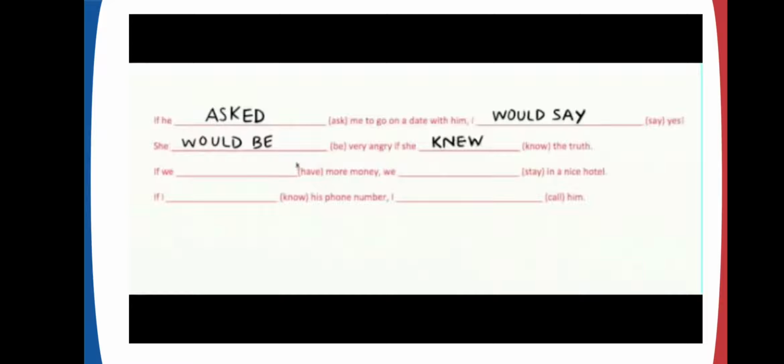She would be very angry if she knew the truth. If we had more money, we could stay in a nice hotel. If I knew his phone number, I would call him.